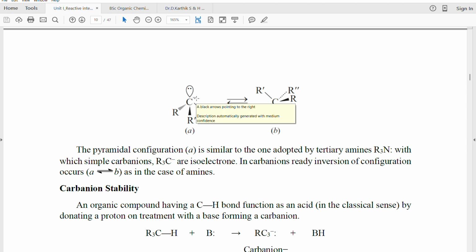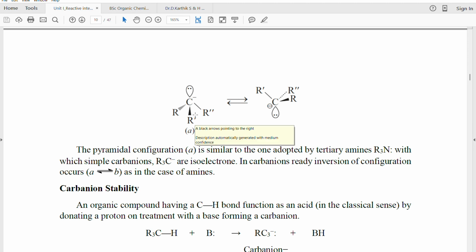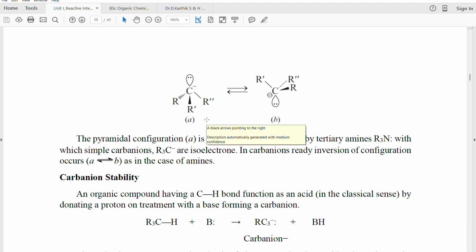When there are more people to give you a hand, then you are more stable, right? Similarly, when there are more electron withdrawing groups to share the electron density of the carbanion, the carbanion will be more stable, right? So that is the concept here, how the carbanion is stabilized by the electron withdrawing group.